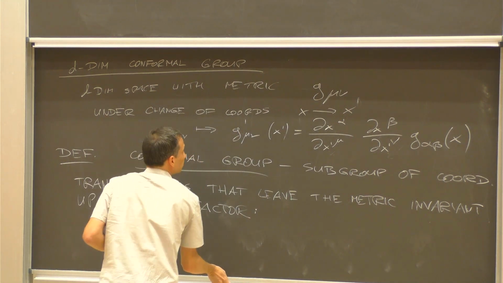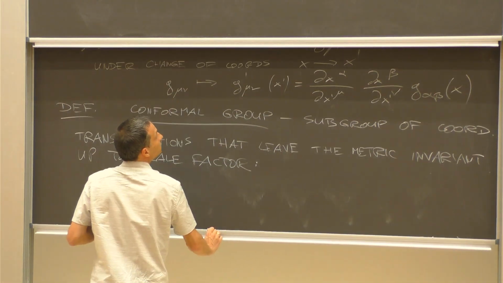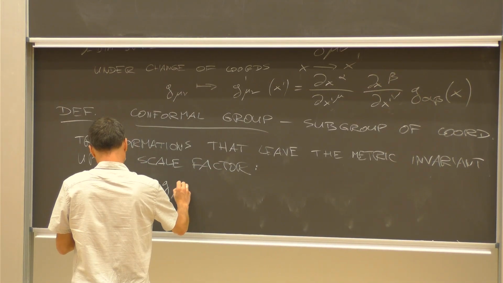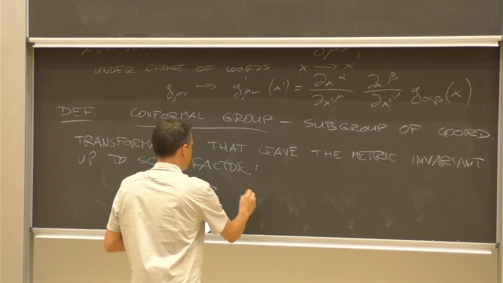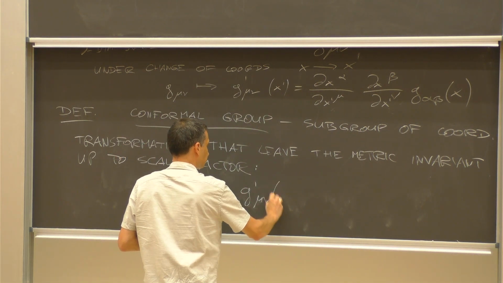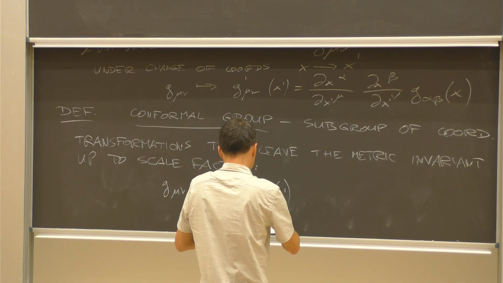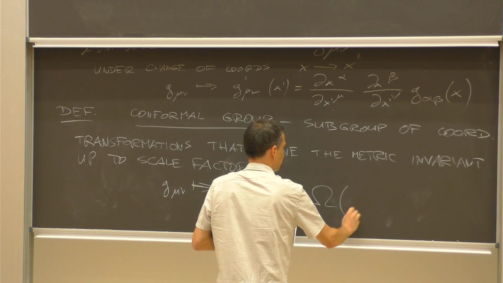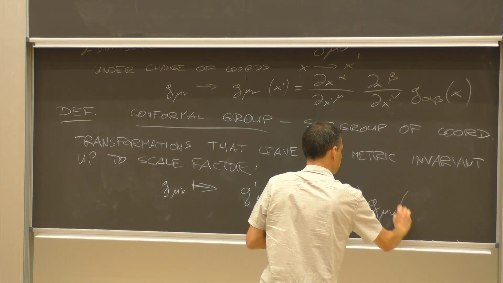So after one of these transformations, we get a certain factor that I denote omega, and then the original metric.